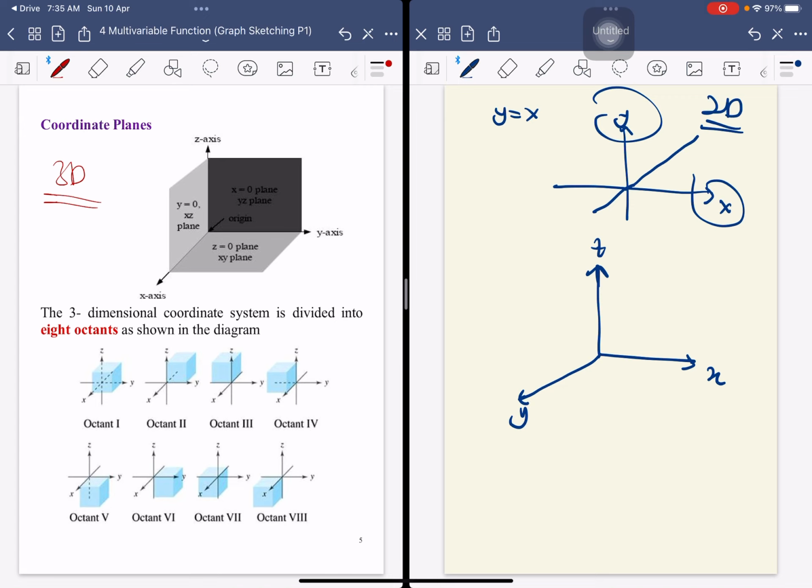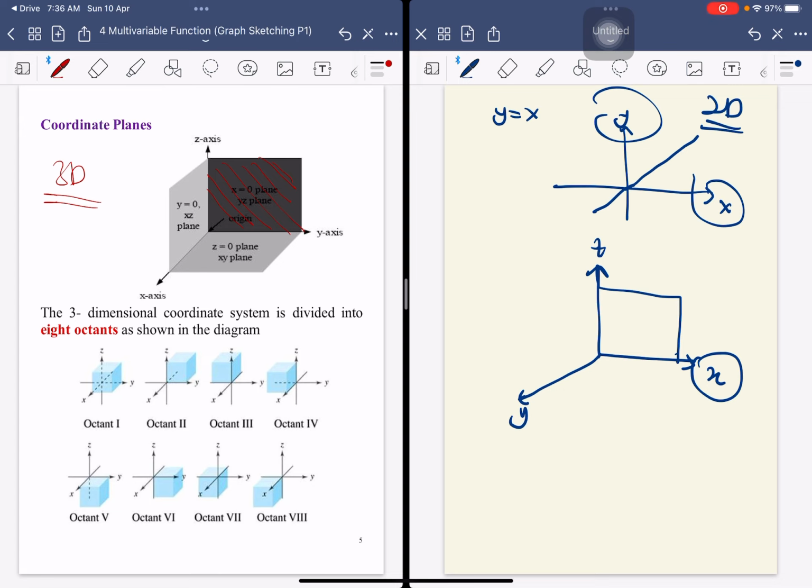We have this side, the yz plane, whenever x equal to 0. On this side, this part is going to be xz, since I put x over here.